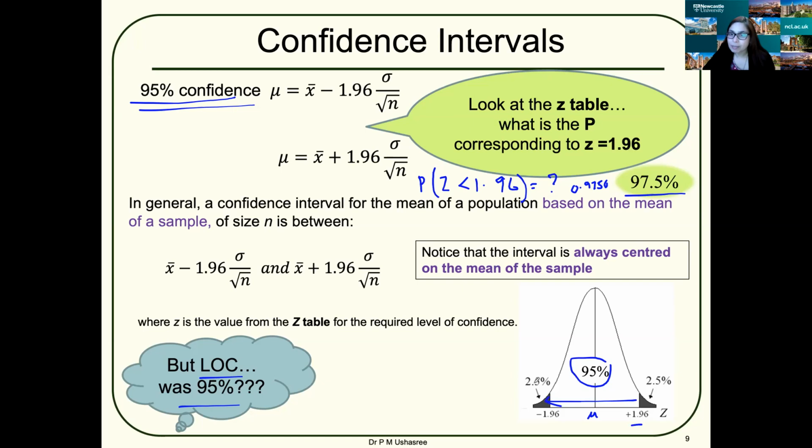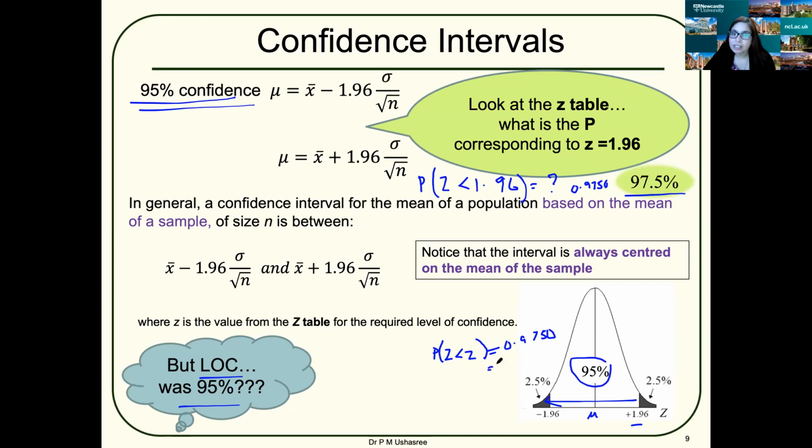So it is 95 plus 2.5. What we did here was we tried to figure out the probability for 0.975, because it is to the left of the Z. What percentage of data lies to the left of the Z?